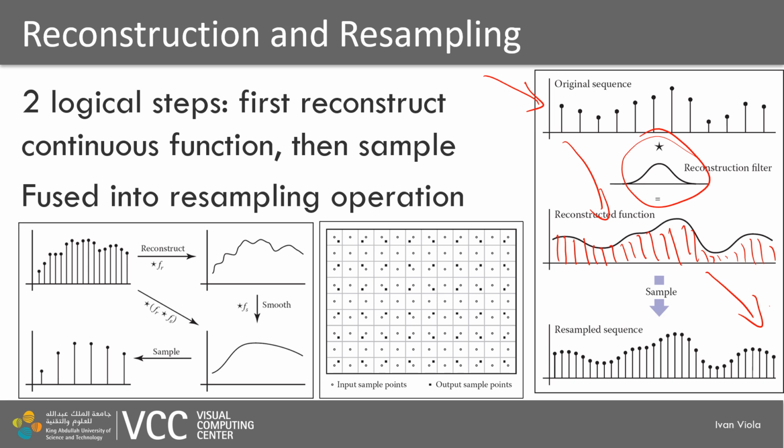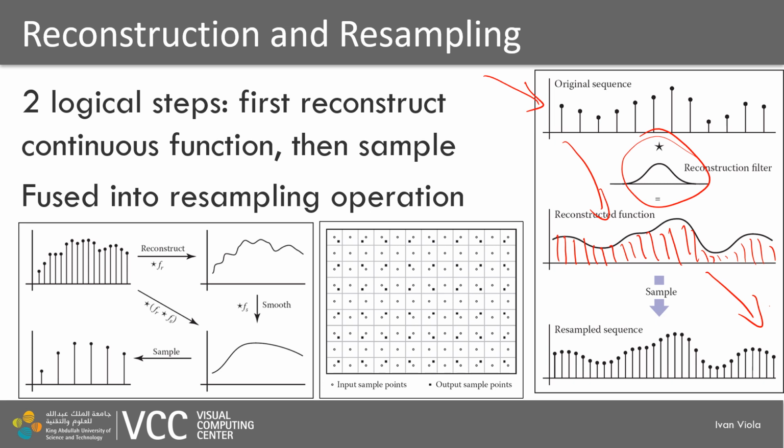The reconstruction filter needs to have a certain extent so that it covers several samples, and it's not too narrow, so that it does not take into account only one value, for example. That would not be a good reconstruction filter.